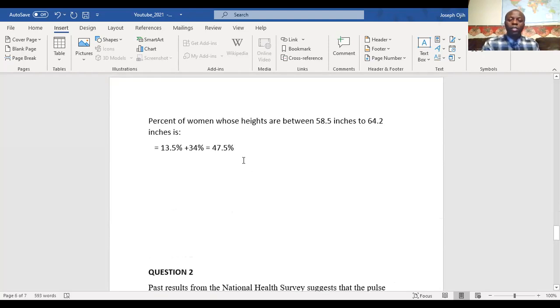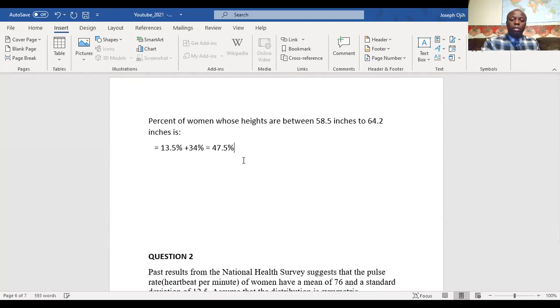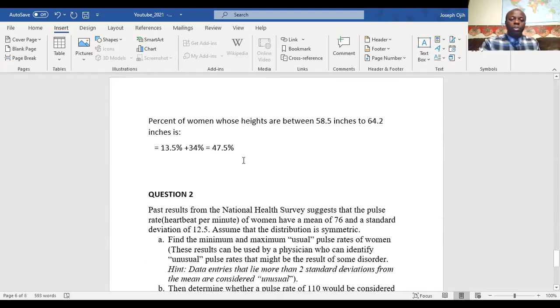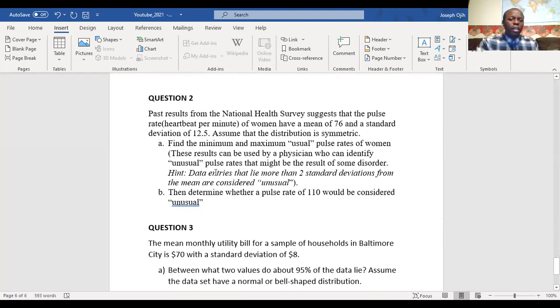Hope you enjoy this. Okay, let's try another way that we can apply empirical rule, which is for question 2. It says, past results from National Health Survey suggest that the pulse rate of women, and pulse rate means heartbeat per minute, have a mean of 76 beats and a standard deviation of 12.5 beats.